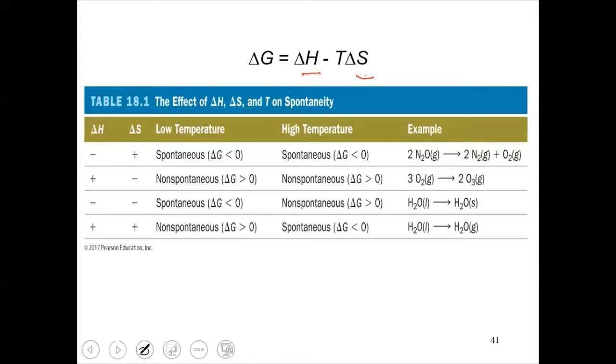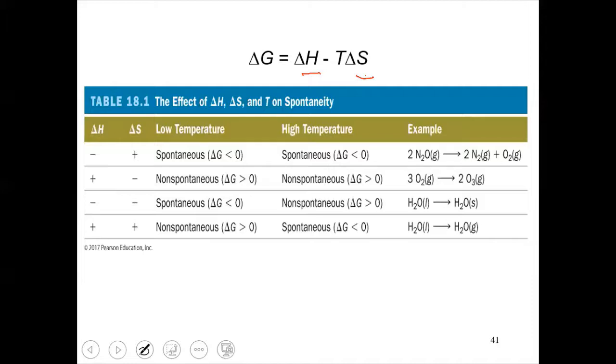It's the second term that worries us because you're subtracting a negative number, which means that the double negative converts into a positive. So the first term, the delta H component, is going to be negative, but the second term is going to be positive. So it's all a matter of when you add them up, who wins? Well, what determines who wins is the temperature.